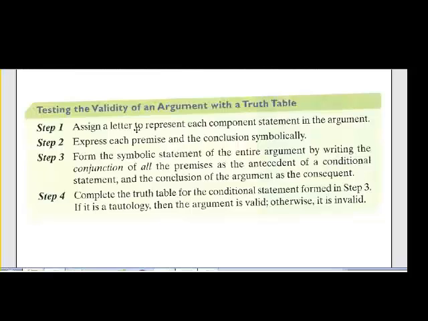And then you form the entire logic statement such that the premises are connected with an AND statement, and then the premises are connected to the conclusion by an if-then statement. And then you just fill it out like a normal truth table.